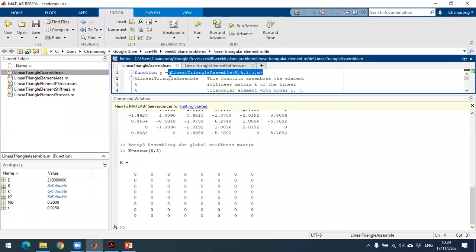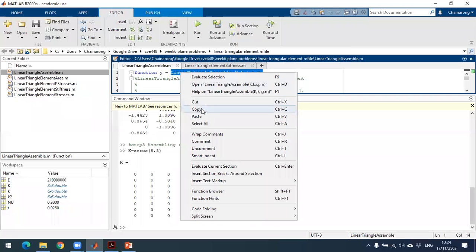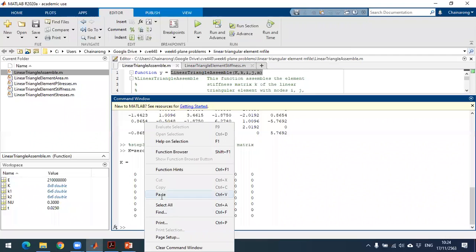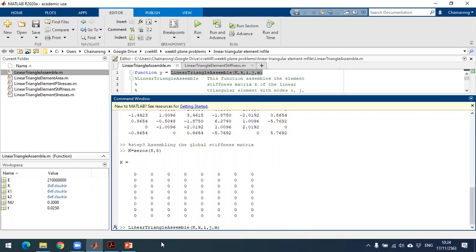Use this M file. So the capital K becomes the stiffness of element number 1 first. Node I for element number 1 is node number 1 in global.